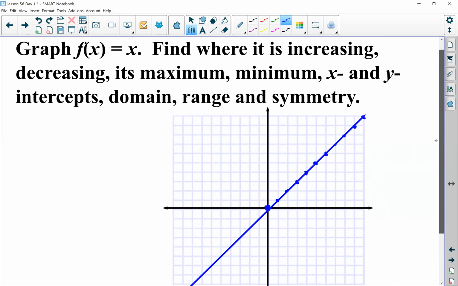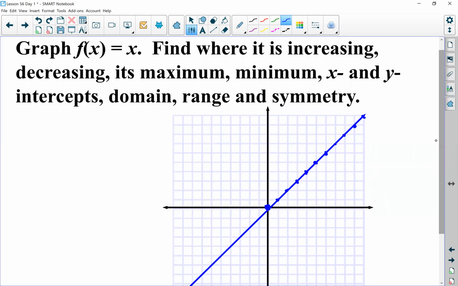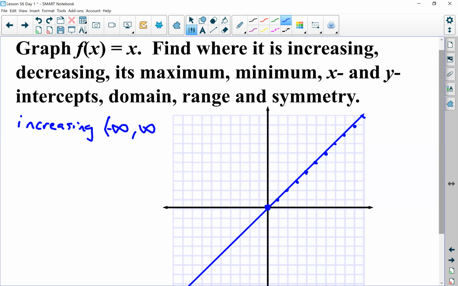So now as far as everything else, where is it increasing? Well, in this case, this one's always increasing. So it's increasing everywhere. We like to use that interval notation. So it would be from negative infinity to positive infinity everywhere.